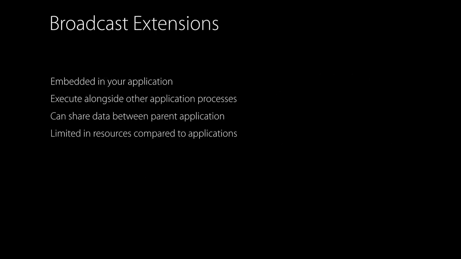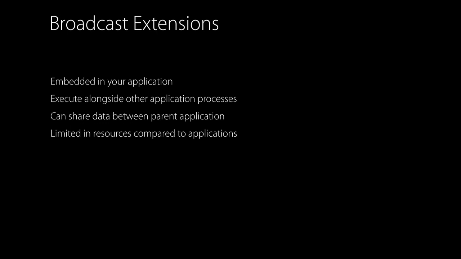For those of you unfamiliar with extensions, they're targets that are embedded in your parent application and are a way to extend your app so that it can execute alongside other apps. They run in a separate process from your parent app, but can share data with your parent application, which can be handy for sharing things like authentication data, for example.